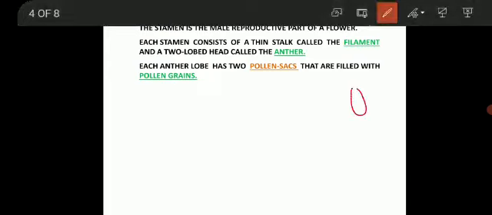Now, this is the structure of the stamen. So, this is the filament and this is the anther. This anther has a two-lobed head. Clear?